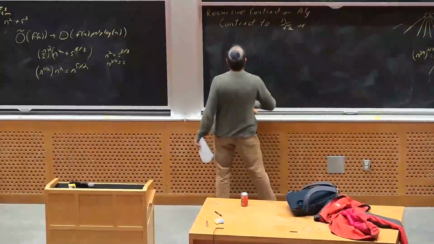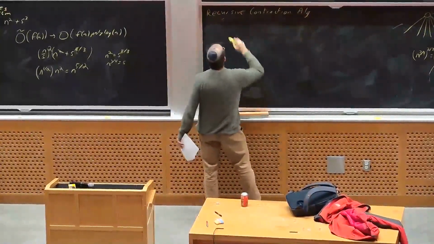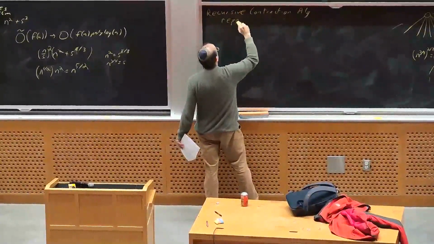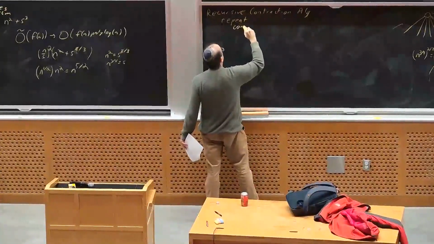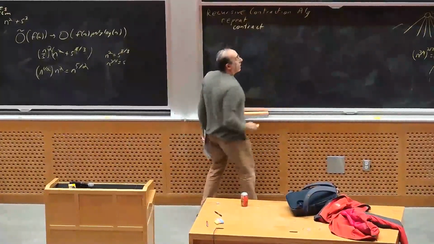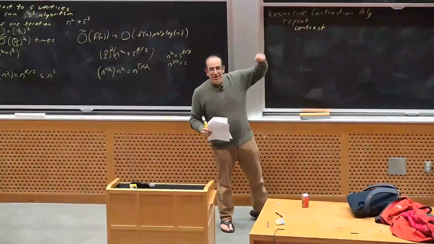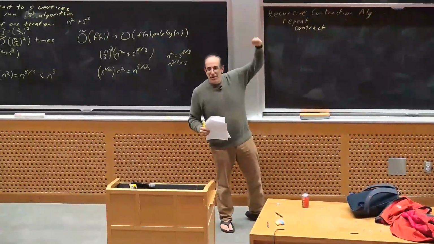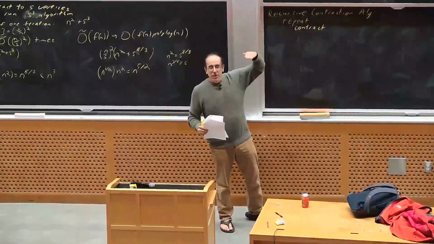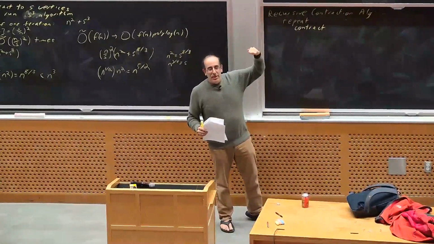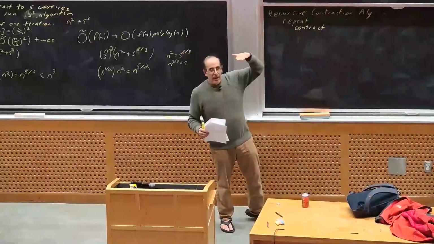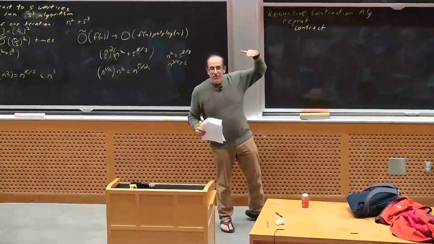Oh, sorry, left out the loop. Repeat. Contract. So again, we're getting bigger and bigger in our endpoint, in our stopping place. Where's the natural limit? The natural limit is when you're at n over a constant, right?